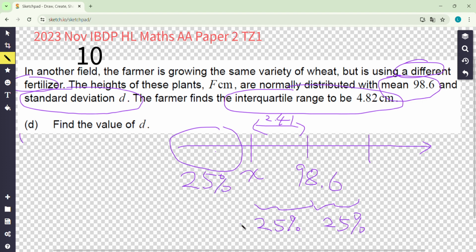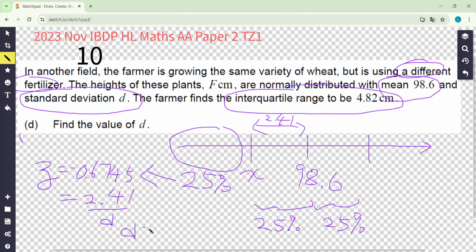So you use the inverse normal function and you find out the z value corresponding to x is minus 0.6745. It is smaller, and this z is the difference, x minus mu over d, so this equals 2.41 over the standard deviation d.